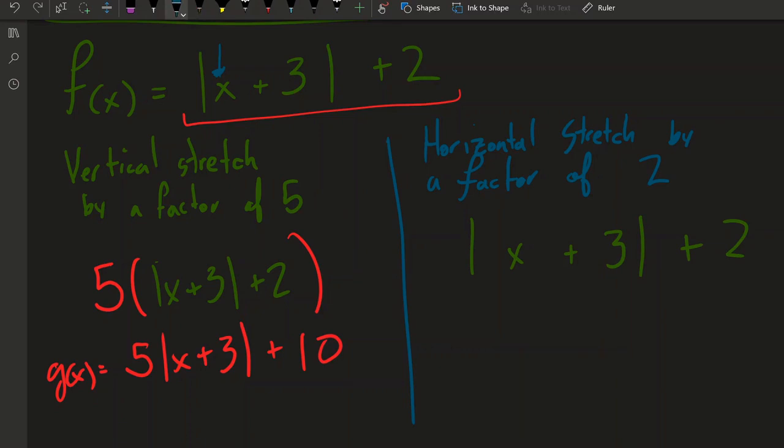Except now I'm going to multiply right here where the input is. And the biggest trick here is I'm not going to multiply this one by 2. I need to multiply by the reciprocal of 2. So thinking of 2 as a fraction, 2 over 1, the reciprocal of that would be 1 over 2. So the answer to this one would be g of x is equal to the absolute value of 1/2 x plus 3 plus 2.